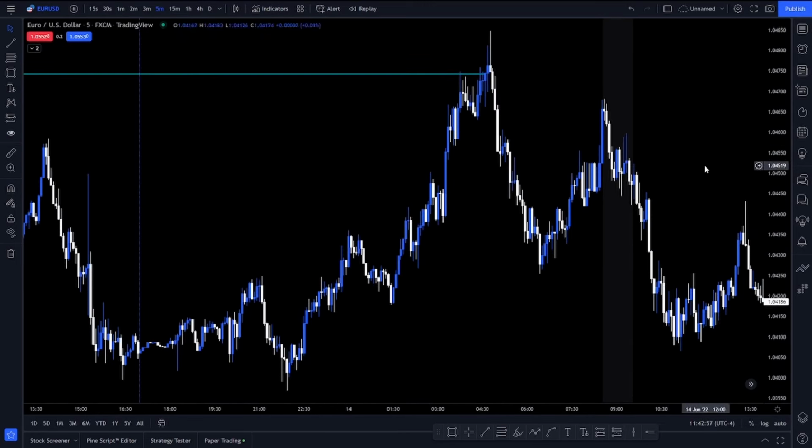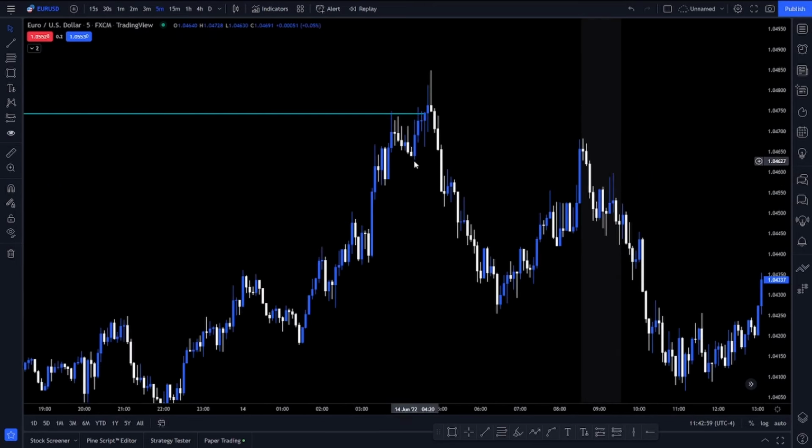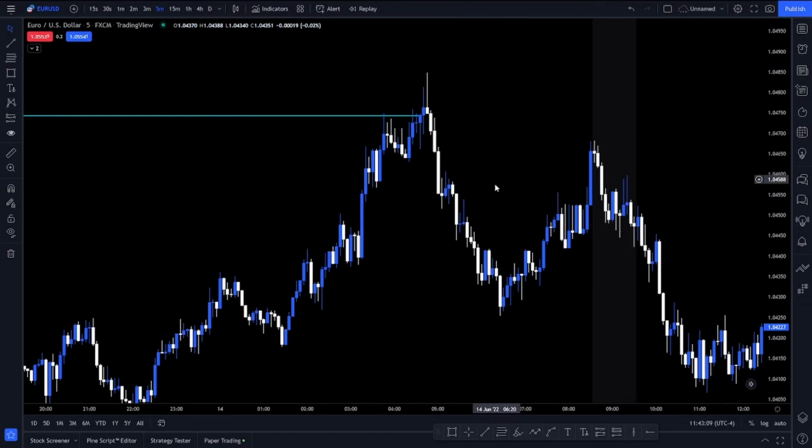Here you can see that there was a breaker of this swing over here, right? There was a breaker. And now which fair value gap will we have to take? We will have to take this fair value gap over here.